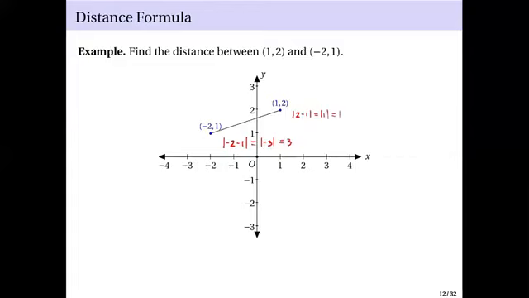And I say, it doesn't matter which you use first. In here, I used -2 and then 1. I got the distance to be 3. If I used 1 first, you have absolute value of 1 minus -2.